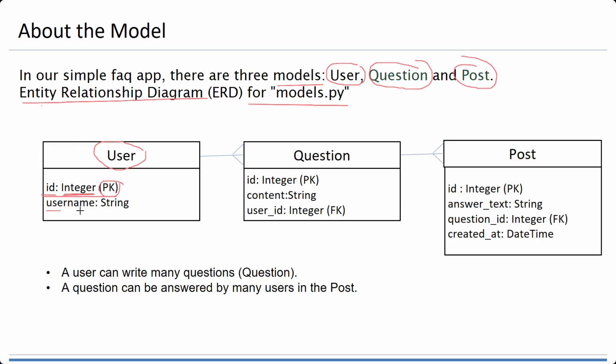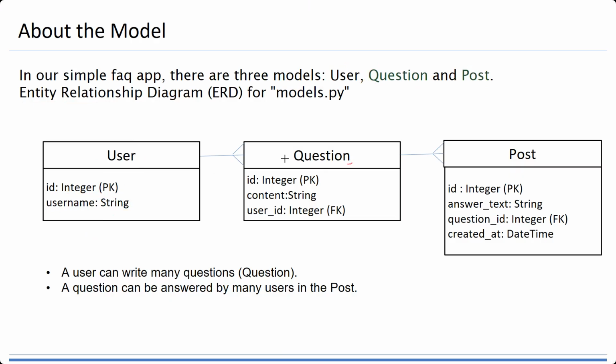And then I have a username, and let the username be a string. Of course, you may ask, can I put another attribute such as password? Yes, you can. Or maybe email. Yes, you can, and so on. But just for simplicity, I will not include those.